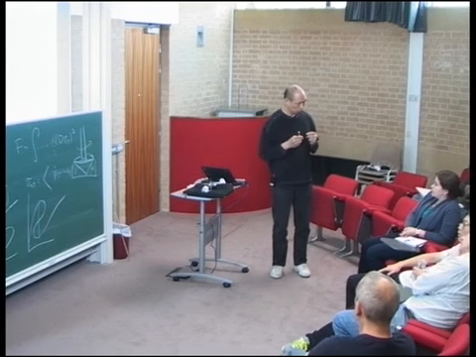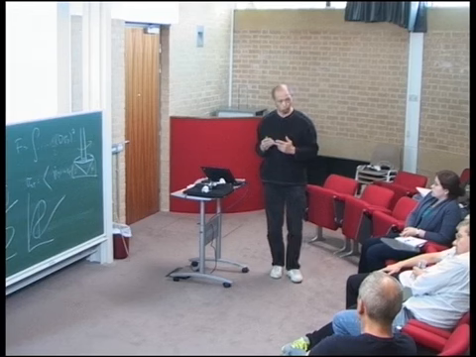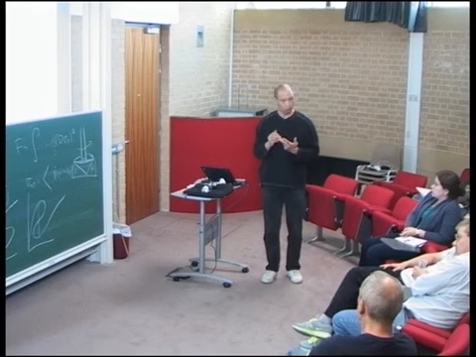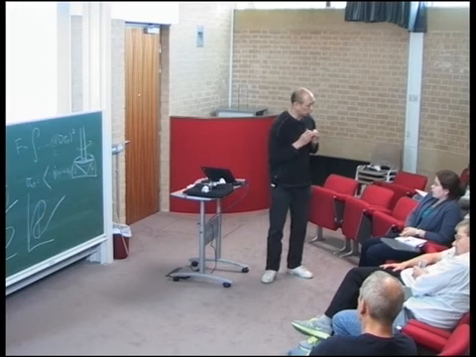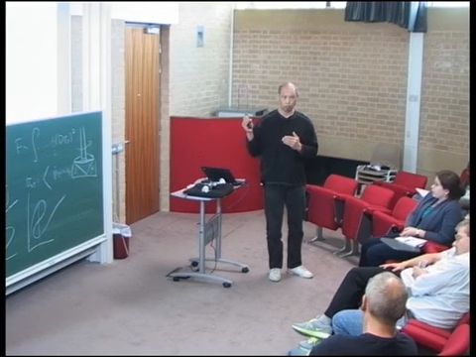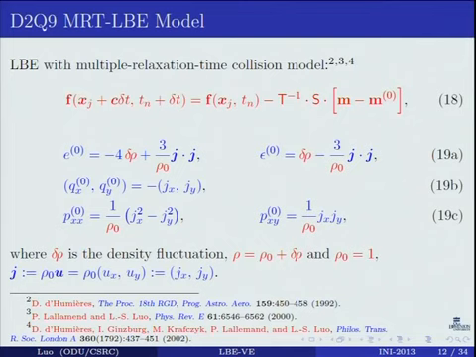Those moments have physical significance. The first few of them are the hydrodynamic variables, and then there are higher order moments, such as stresses and the heat fluxes. The relaxation times of these non-conserved moments are related to the transport coefficients. So the picture is very clear from the kinetic theory.